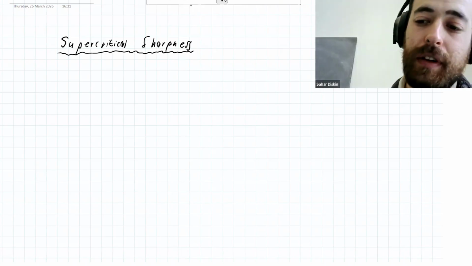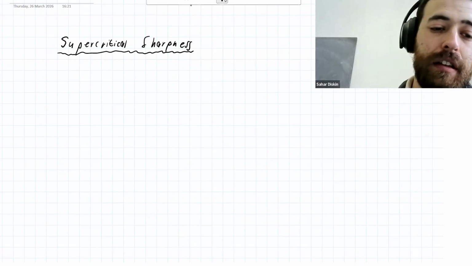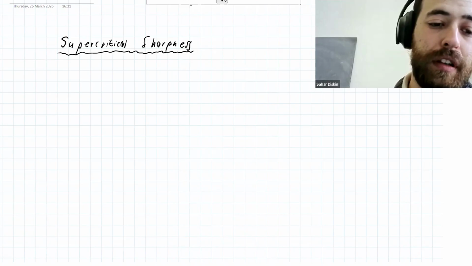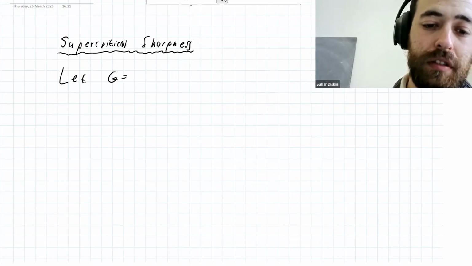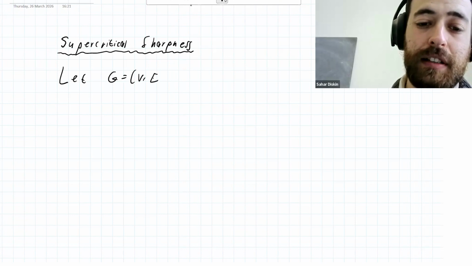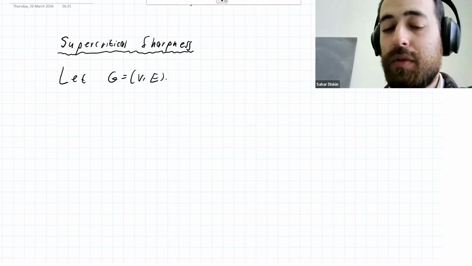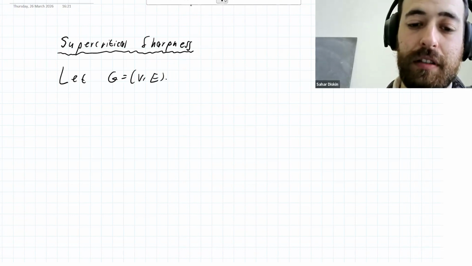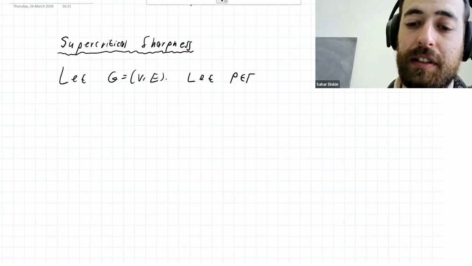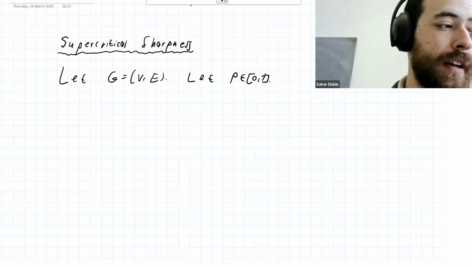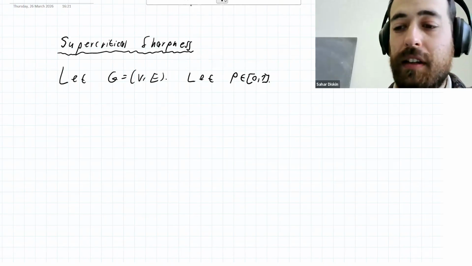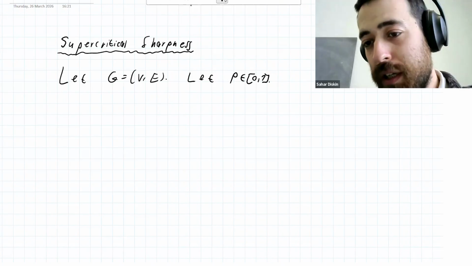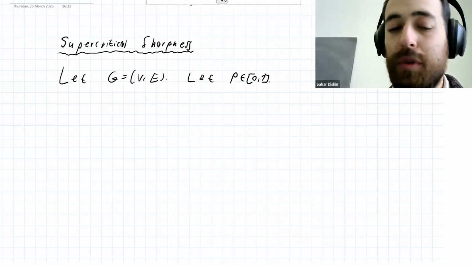The very basic idea is that suppose we have some graph G with vertex set V and edge set E. And suppose we have some parameter P between 0 and 1. This is a probability parameter. Then we can define the following. I'm going to write this in a probabilistic way, but I will explain in a moment how we usually view this.